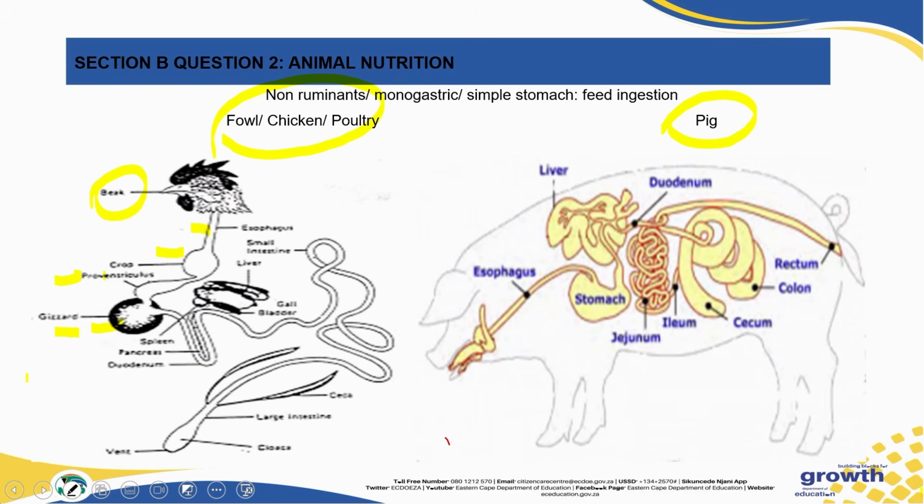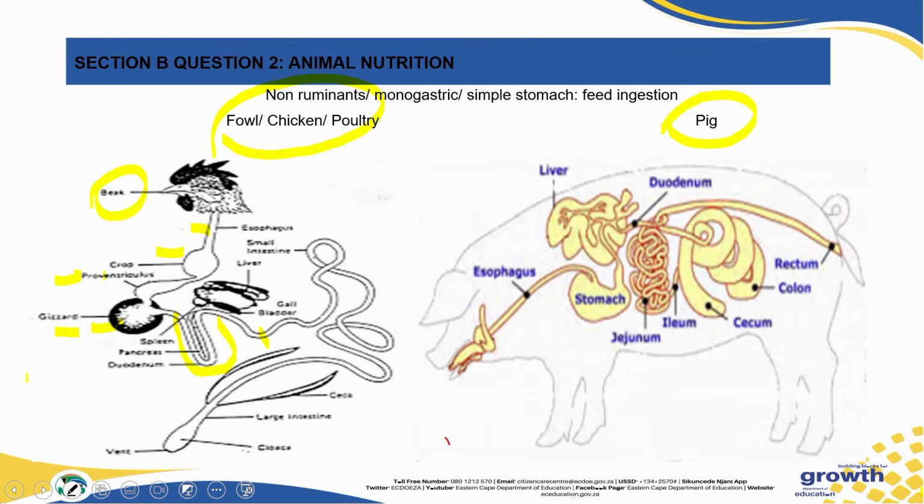There is an adaptation of the stomach to perform its work. That is, it has thick muscles with small stones. They help in contracting the muscles. They contract so that the stones break the maize, the food particles in it. That is why it is said to be the physical digestion taking place there.